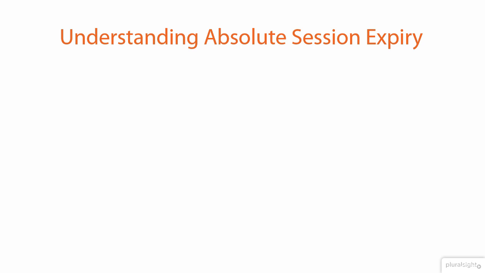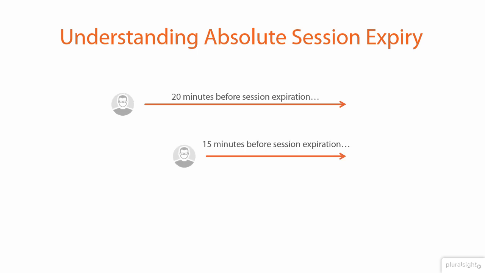Here's the difference with an absolute expiry. Let's start the same way. The user comes along, and they've now got 20 minutes before it expires. 5 minutes go by and they make another request. Now there's only 15 minutes until expiry. See how it's still the same expiry time as it was after the first request. Another 7 minutes go by and they make another request.